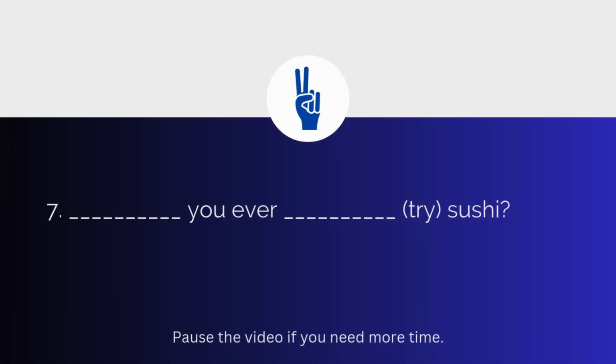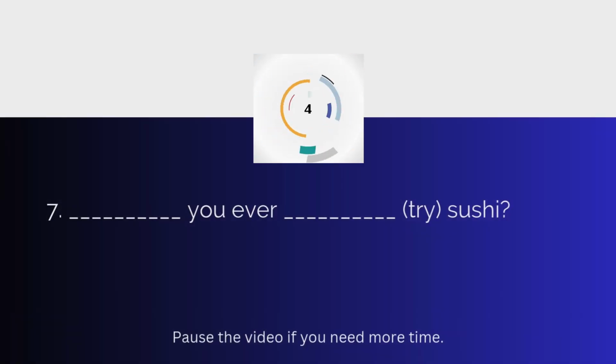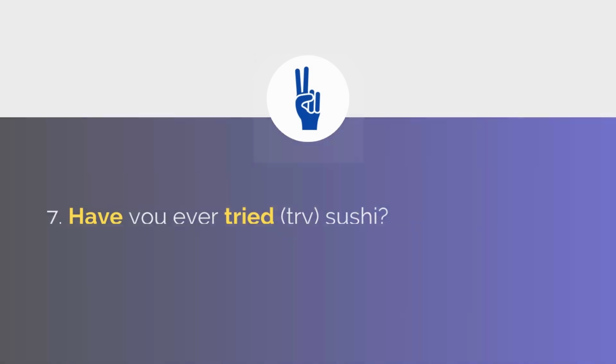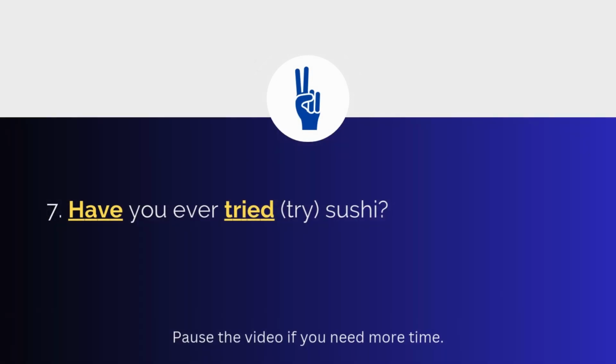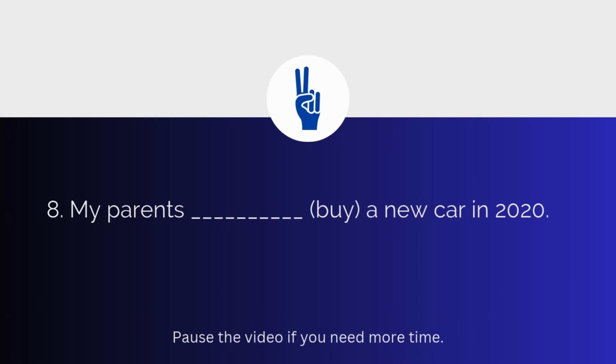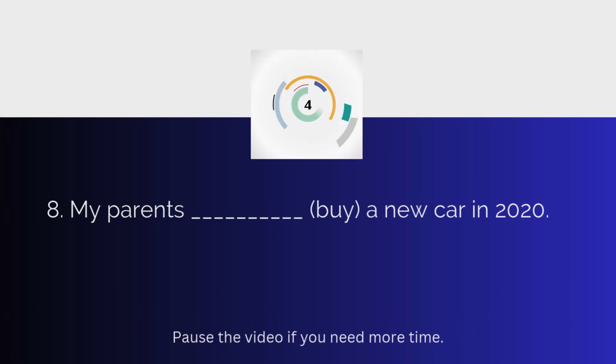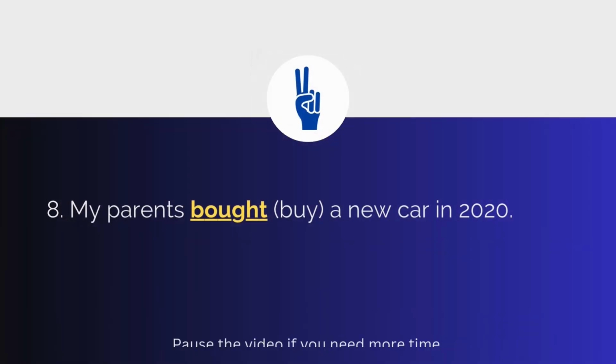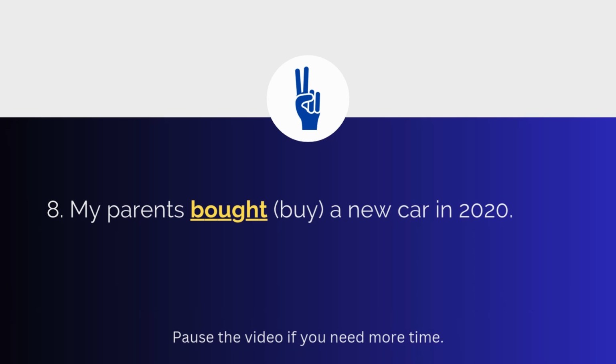Blank you ever try sushi? The answer is, have you ever tried sushi? 8. My parents buy a new car in 2020. The answer is, my parents bought a new car in 2020.